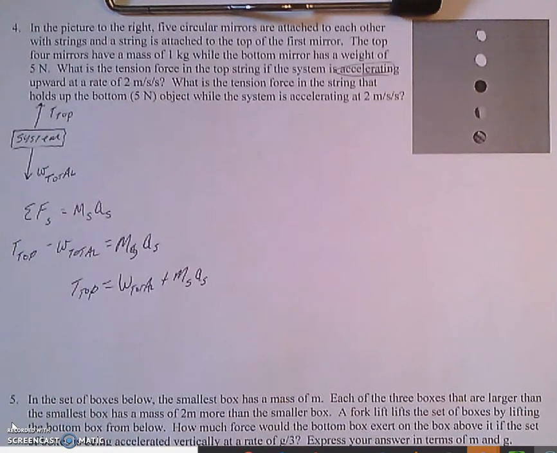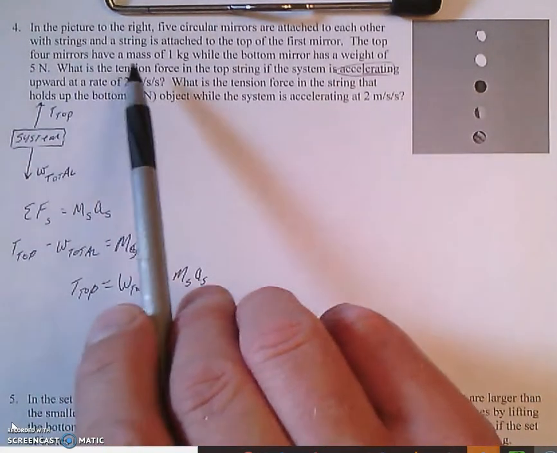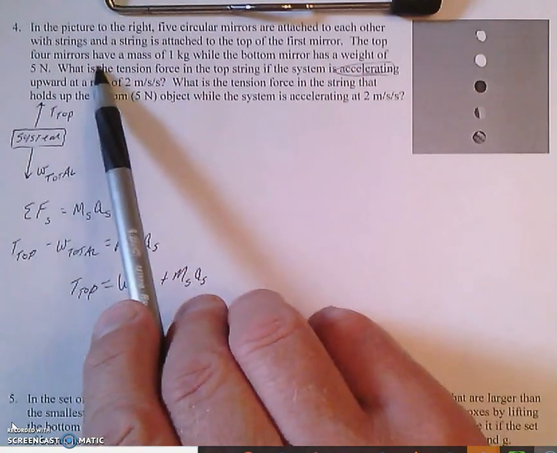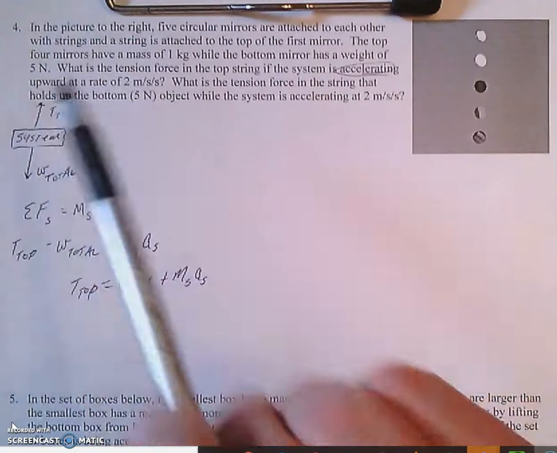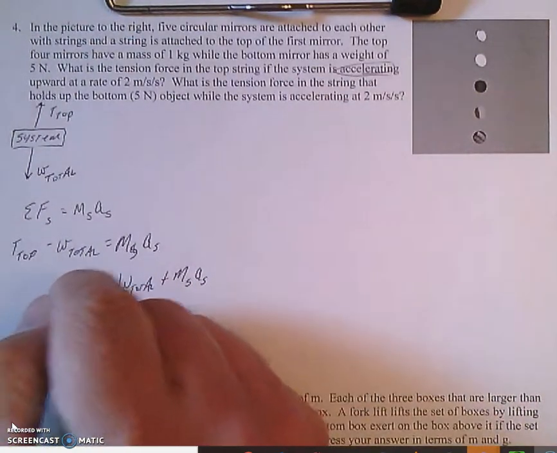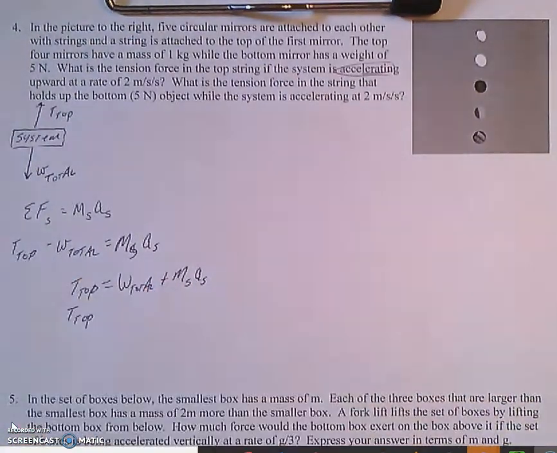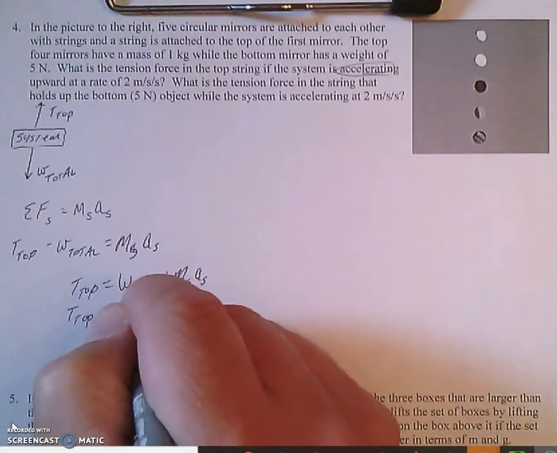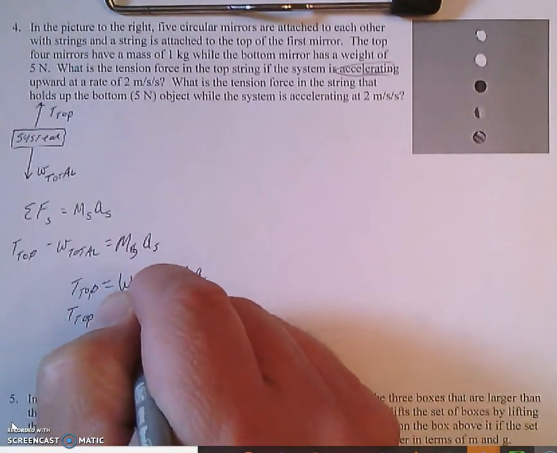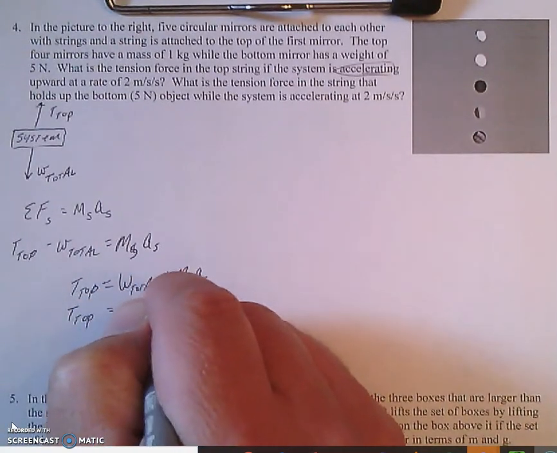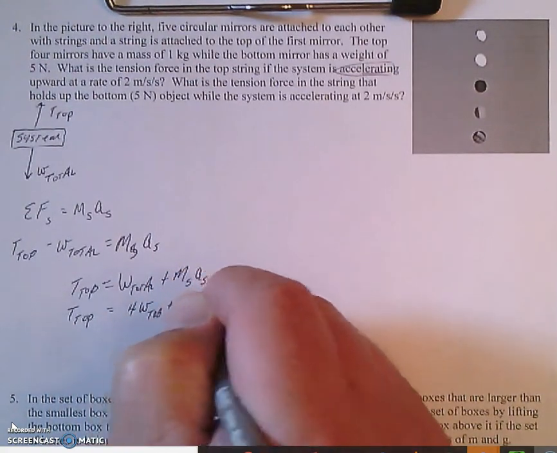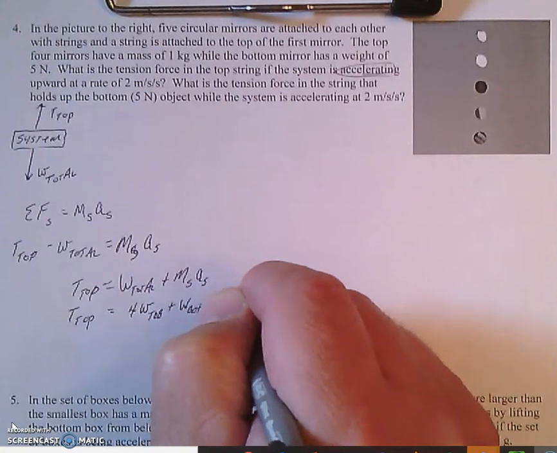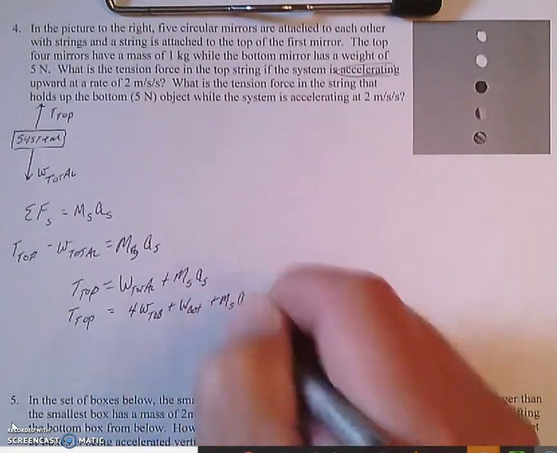Well, what's the total weight? Look at what we got here, right? The top 4 mirrors are all the same and the bottom one is different. So in reality here, that top tension has to equal, let's call it, 4 times the weight of the top mirror plus the weight of the bottom mirror plus M, the mass of the system, times a, the acceleration of the system.